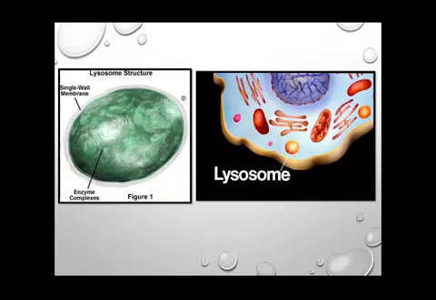It is a single walled structure, a single membrane is there, and there are many different hydrolytic enzymes present inside the lysosomes. In the cell you can observe lysosomes in this way. These are small circular structures present in the cell, which contain certain hydrolytic enzymes, and they act as the suicidal bags of the cell.